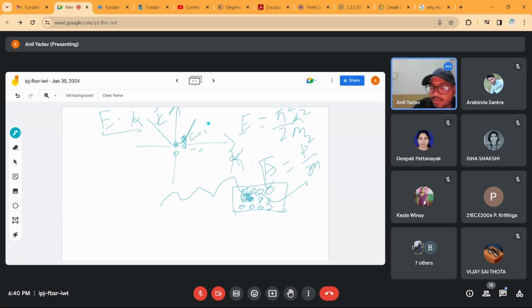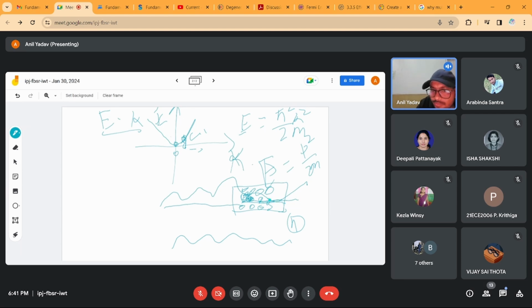And for holes, which are the vacancies of electrons, there will be something below that. So what is the lowest point of this E-K diagram?